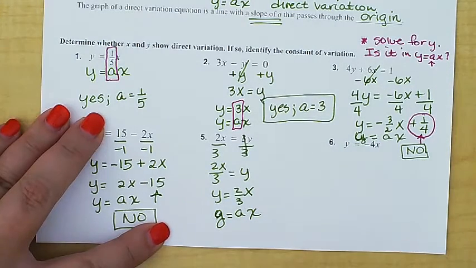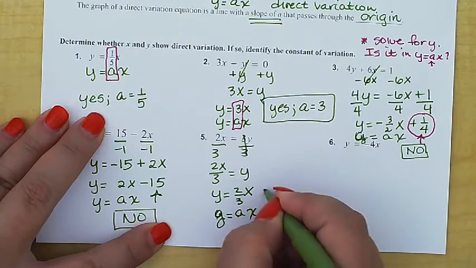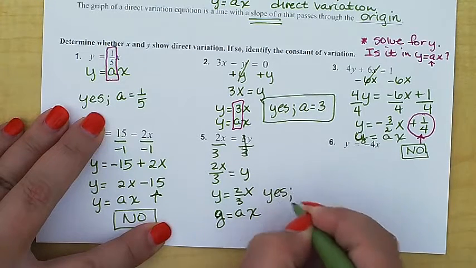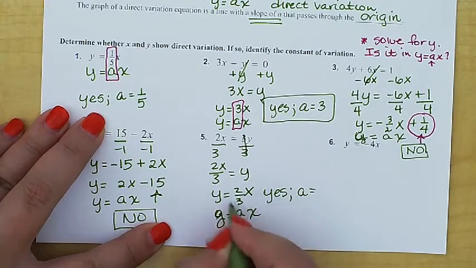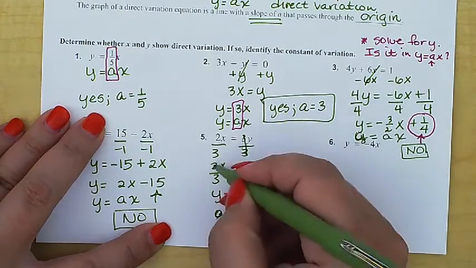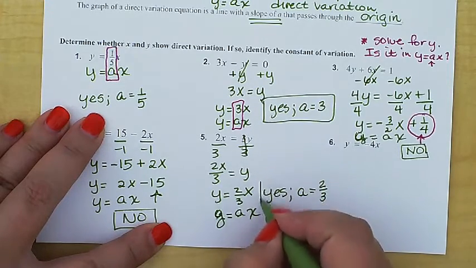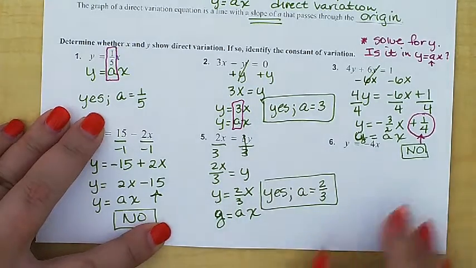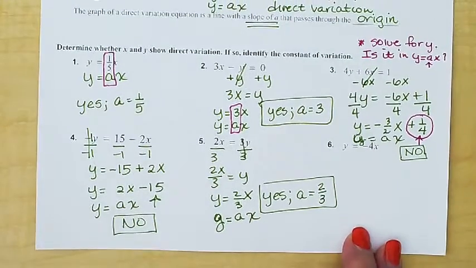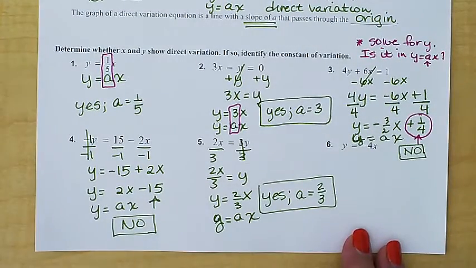In this case, the answer is absolutely yes, right? So this is a direct variation, and the constant of variation is going to be this coefficient, which is that 2 divided by the 3. I'm just going to leave that as a fraction. We know that's always a good idea. So there's the 2/3.